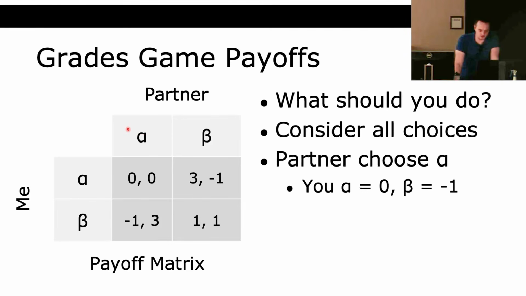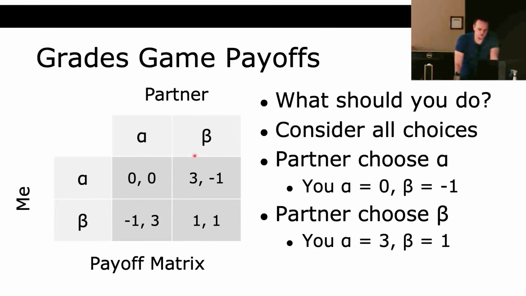If they choose alpha, if you choose alpha, you're getting a 0. If you choose beta, you're getting a -1. Okay? So that's what will happen if they choose alpha. And then look at your choices. If they choose beta, if you choose alpha, you get a 3. If you choose beta, you get a 1.